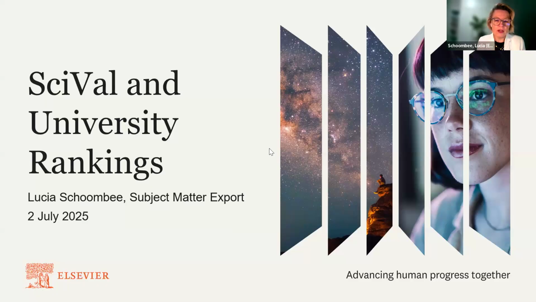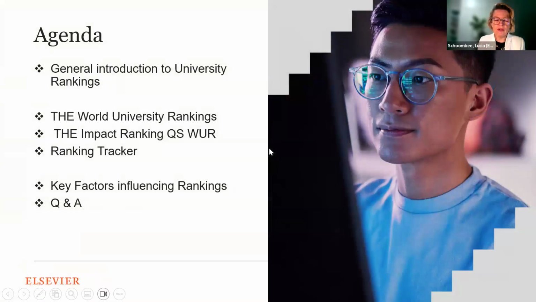First of all, we're going to start off with just a general introduction about university rankings, and what our relationship is with the ranking organizations. And then we're going to talk about each of the different rankings that Elsevier provides data for. So that's the Times Higher Education World University Rankings.